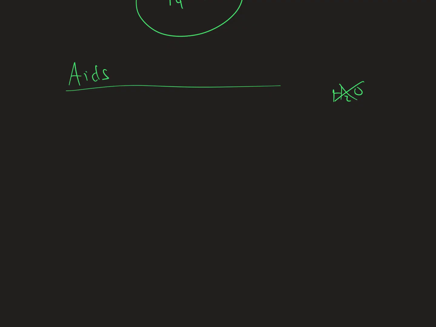Okay? So an acid is a hydrogen ion, or sometimes we call it a proton, right? If you take a hydrogen atom, it has a proton in the middle, an electron on the outside. If you remove that electron, then you just have a proton.